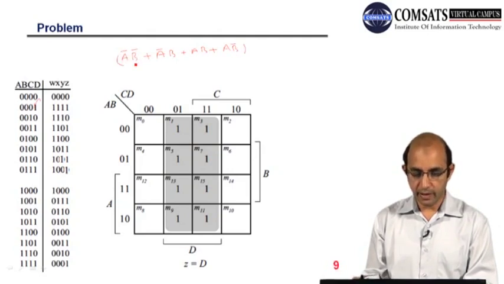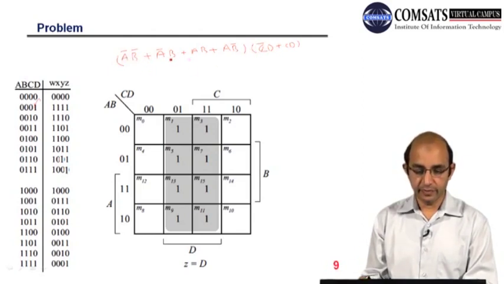So that will be multiplied with, because this will be the, so here we have C bar D plus CD, right. So they will be multiplied.